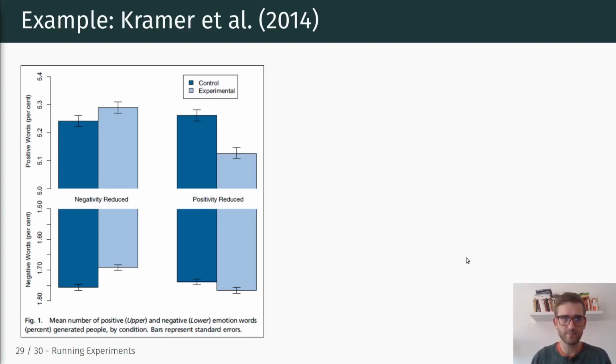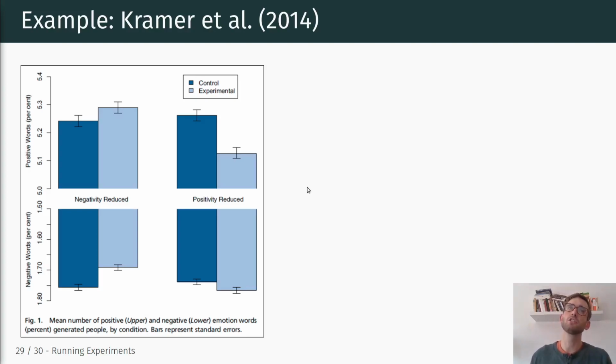And so what they show, and this is one figure from the experiment, is that in the experimental condition, they identified posts that contained negative terms or positive terms in two different conditions, and then they eliminated all those posts, right?